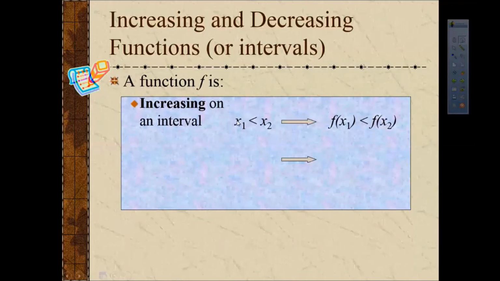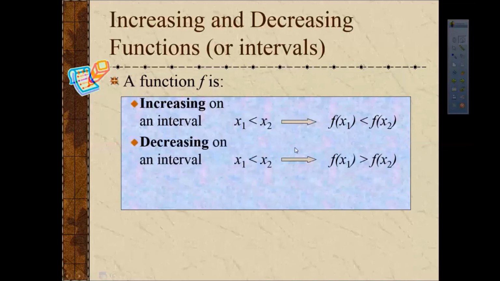That means when an x value is less than another x value, the function value that goes with that first is less than the function value that goes with the second. So another way of thinking of this is, as my x's get bigger, my function values will get bigger. And that's what it means to be an increasing part of a function.